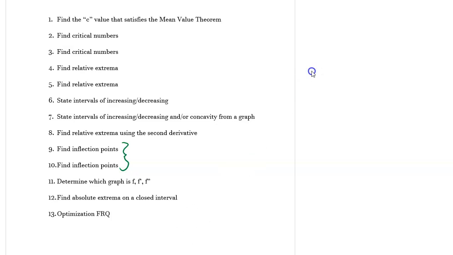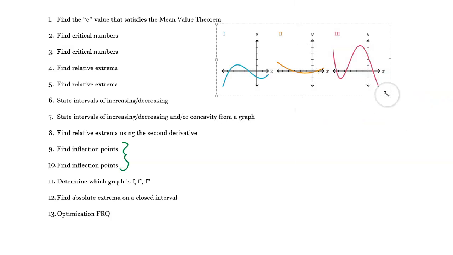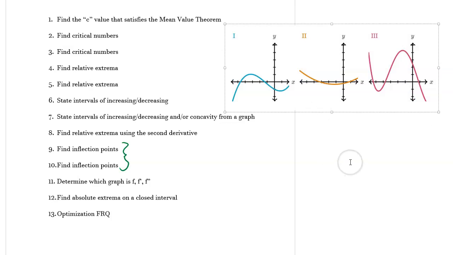Here, this was the one we did in class, I believe. So you're going to be given something similar to this. You're going to be given 3 graphs, and then you're pretty much just going to be asked to identify which one is F, which one is F prime, which one is F double prime. And the way you go about doing that is you look at easy information.